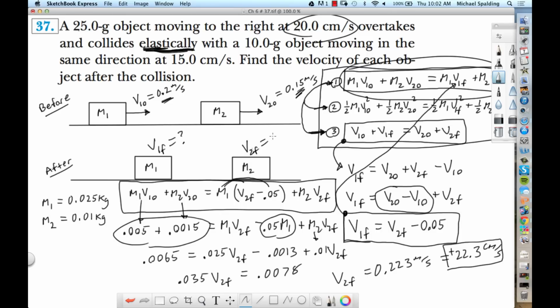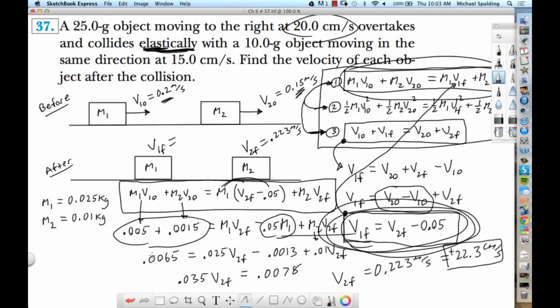Okay, so V2 final comes out as 0.223 meter per second. And how do we get V1 final? Dudes, how do we get V1 final? Plug back into this thing right here.